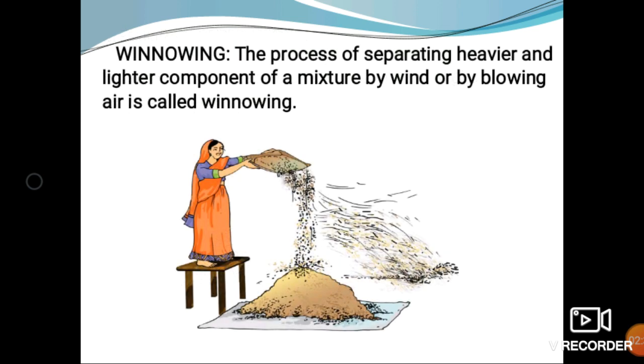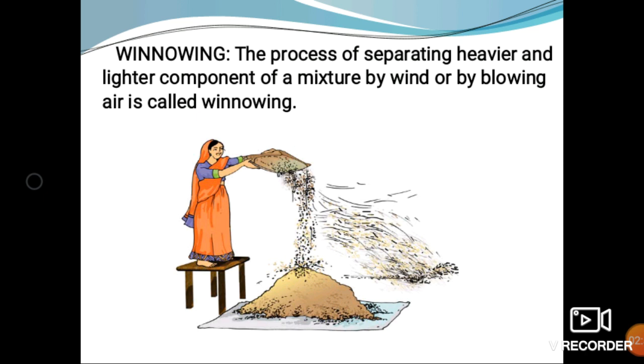So we shall go through winnowing. The process of separating heavier and lighter components of a mixture by wind or by blowing air is called winnowing. Okay, this also you can see from the picture. The heavier components fall down to the ground.